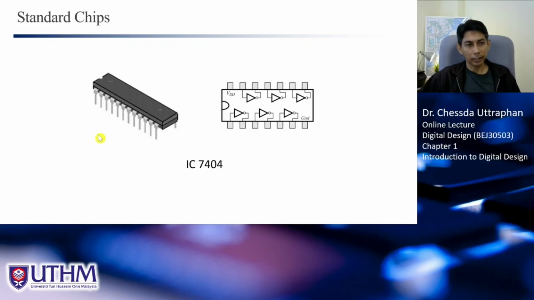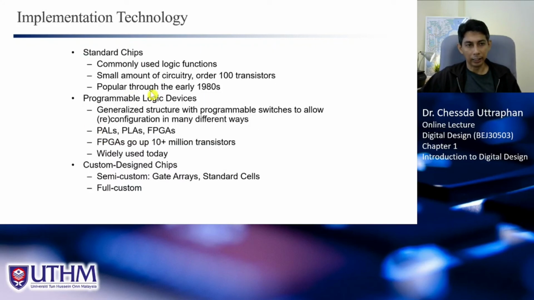So that is called standard chip, and this one is actually phased out already. But for education, yes, we still use it to help you understand what is going on. In practice, this one is never used anymore. Phased out. Then the second one is programmable logic devices.